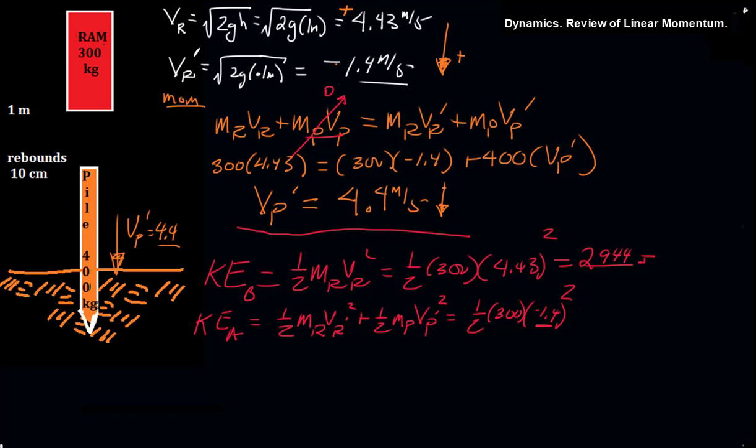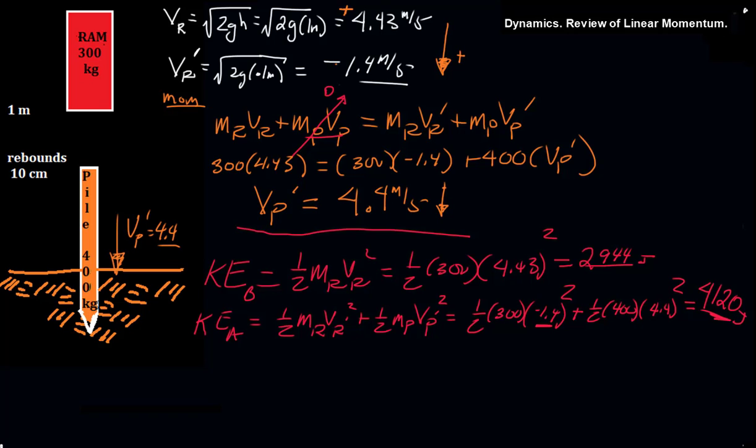You can't have negative kinetic energy, plus 1/2 times 400 times 4.4 squared, which gives us a grand total of 4120 joules after the event.